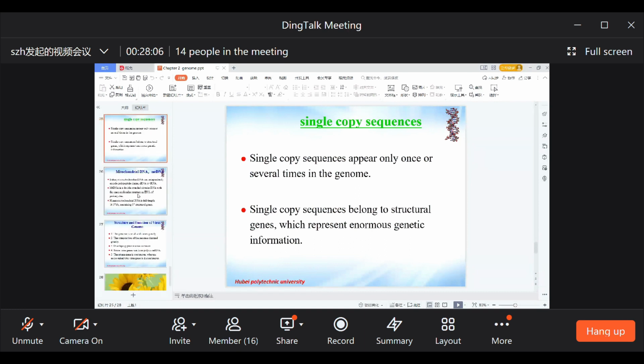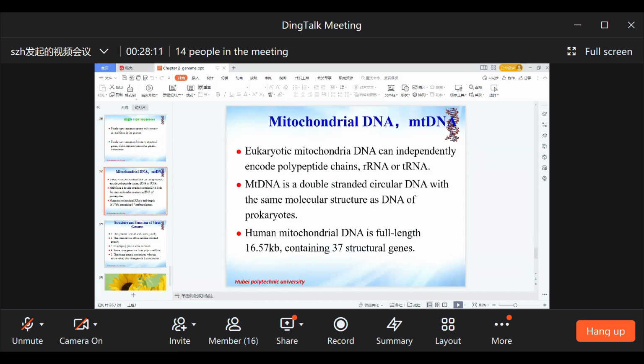And for the genome, another one is the mitochondrial DNA. Eukaryotic organisms' mitochondrial DNA independently encodes peptide genes, ribosomal RNA, and tRNA, totally 37 genes. Mitochondrial DNA is a double-stranded circular DNA, with a molecular structure like the DNA of prokaryotic organisms.